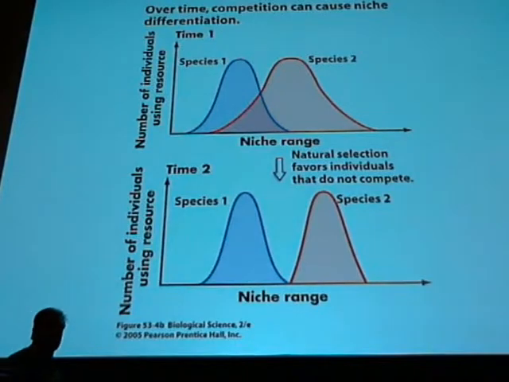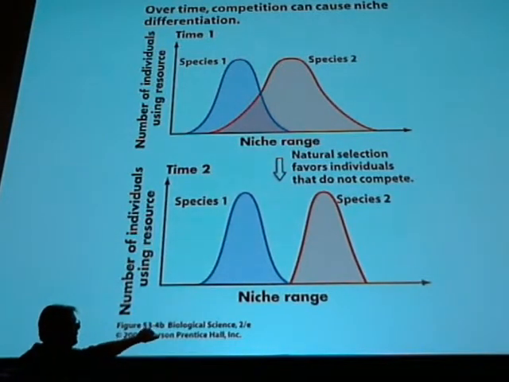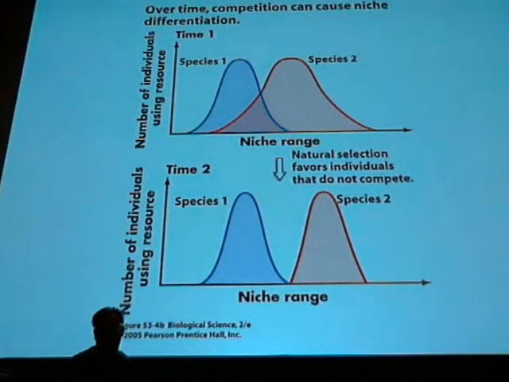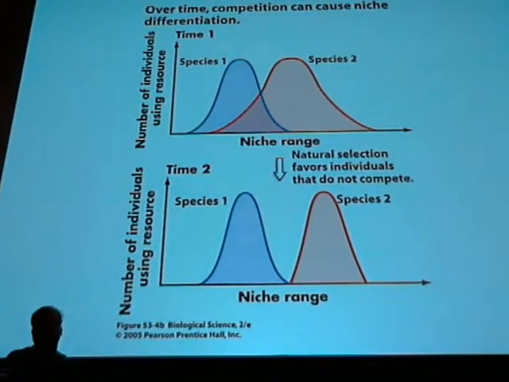Now, you come back sometime later and you find species 1 has this distribution and species 2 has this distribution. From this data, who is the superior competitor? The blue, species 1. They drove species 2 out of the portion of their niche that overlapped, didn't they?